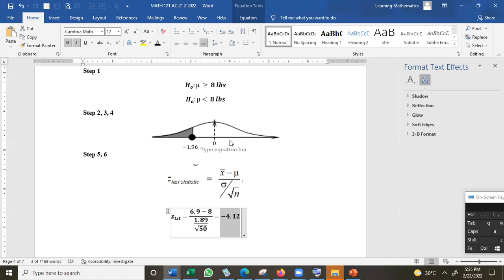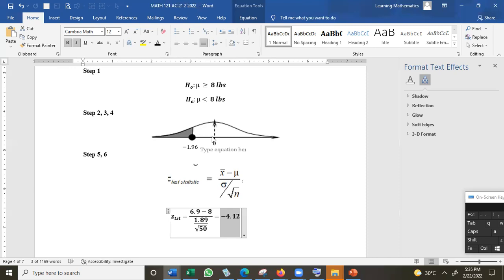In the blank area or the shaded area? Negative 1.96, right on the critical point, because that's the critical value. The critical value is on the critical point. So anybody, where do you think we're going to put negative 4.12?